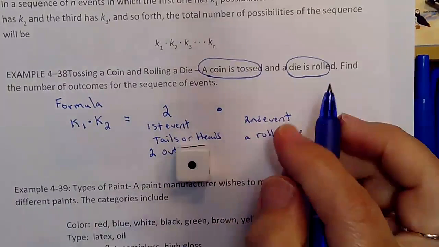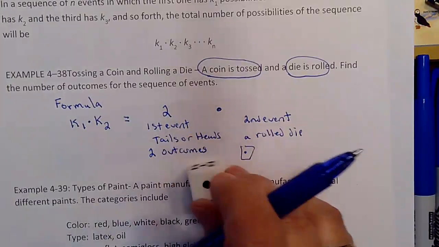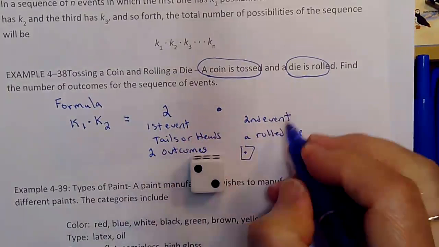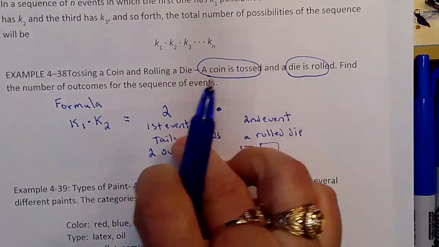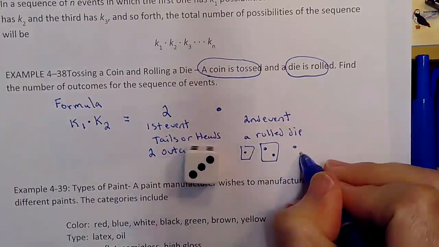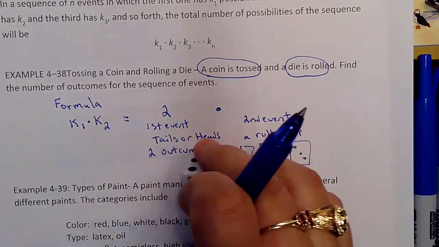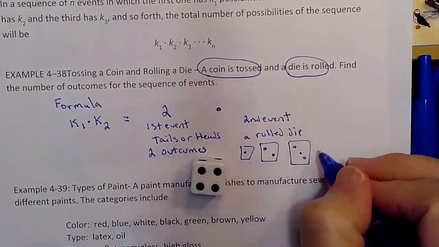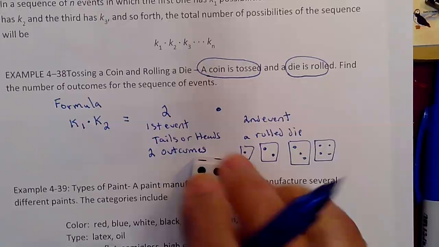It can land on a side with a 1. It can land on a side with a 2. It can land with a side with a 3. It can land with a side with a 4.